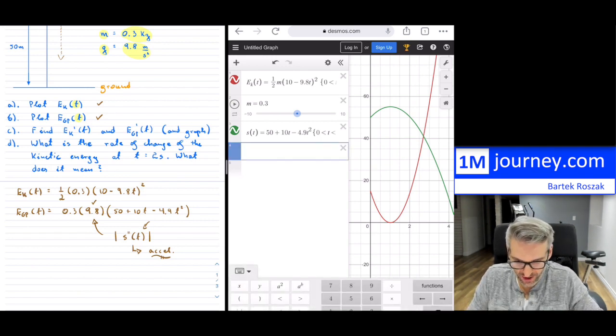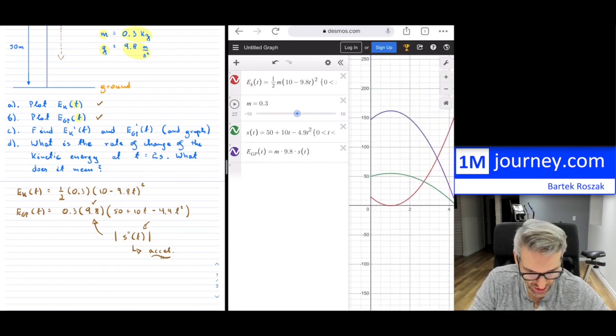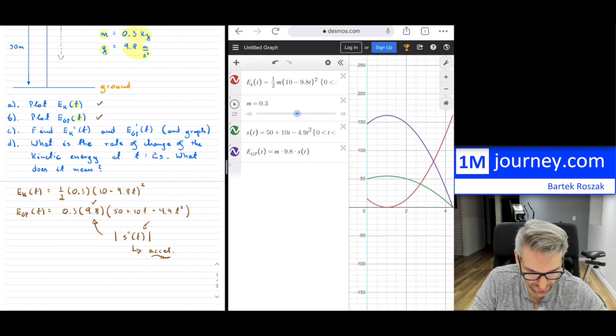Now if I plot, I'm going to call this GP of t, and great, because now I have mass times 9.8 times s(t). So this is going to give me my potential energy. Notice the potential energy right there.